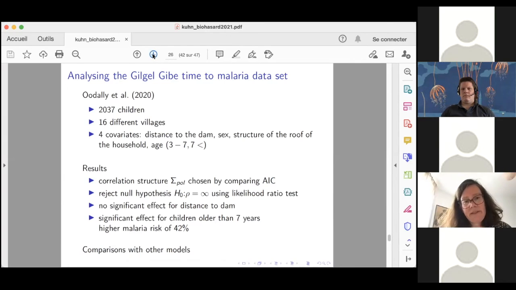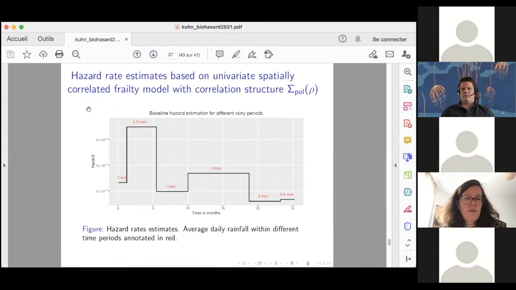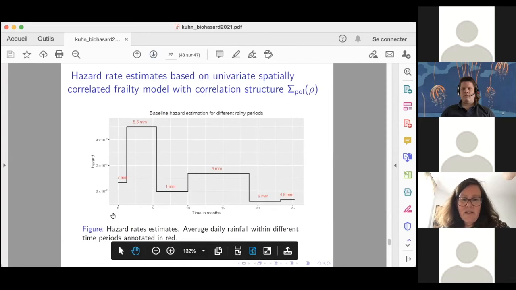Just to picture quickly, we also plot the hazard estimates for the baseline, depending on the time, here about 2 years.